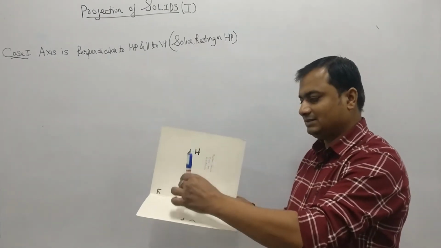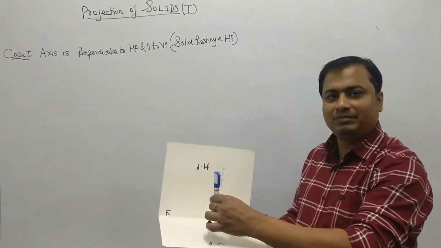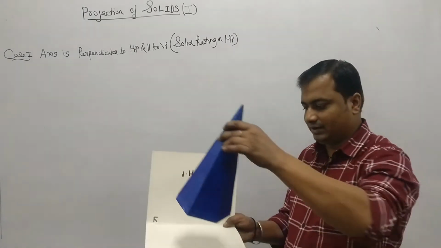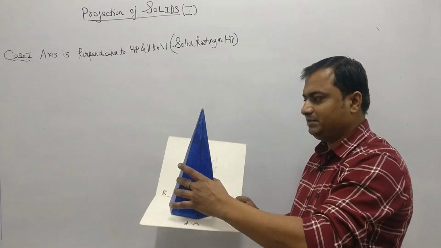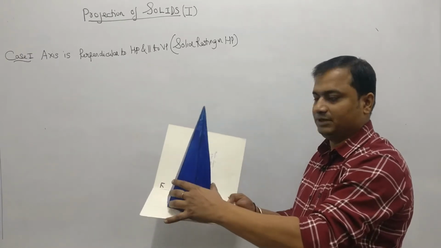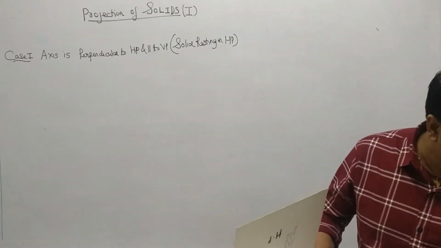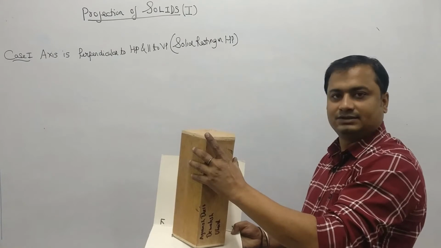और जब axis अगर ऐसी रखी हुई है, the axis is perpendicular to the HP and parallel to VP, it simply means all the solids are resting on HP. If the axis is perpendicular to HP, that means your solid is resting on HP. ये pyramid ऐसा रखा हुआ है. Similarly, the prism is resting like this.